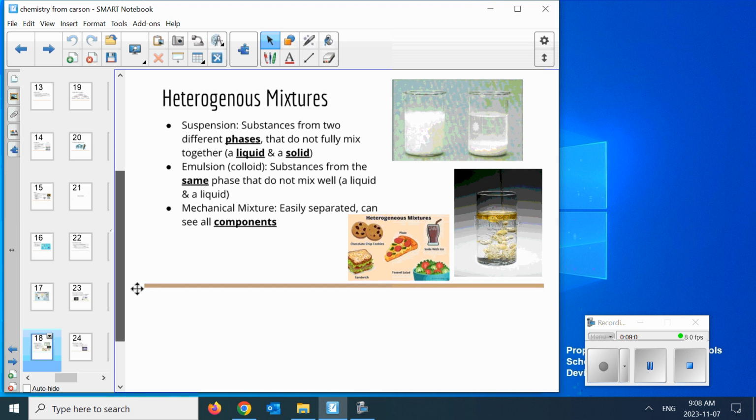Heterogeneous mixtures. Okay, there's some blanks for us. Substances from two different phases that don't fully mix together, liquid and solid. Can you think of something that's a liquid, and then if you let it sit, it's a suspension, and solid particles will settle out?